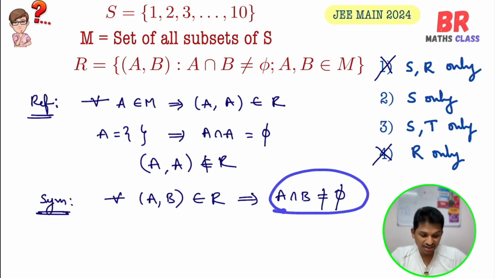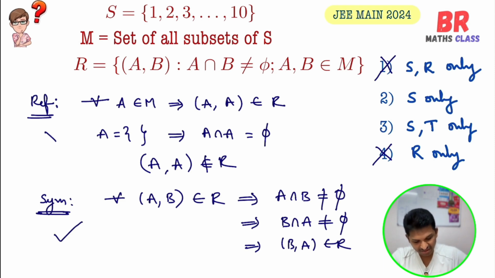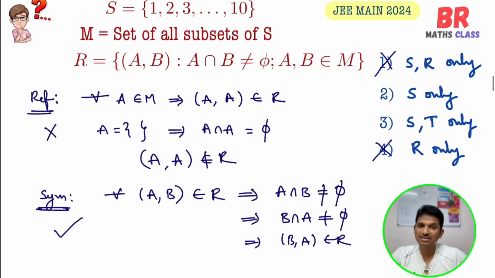If A intersection B is not a null set, 100% B intersection A is also not a null set. This is very clear. Then what can I say? I can say that the ordered pair (B, A) belongs to R, right? So is this relation symmetric or not? Yes, this relation is symmetric. Reflexive: it is not reflexive. Symmetric: yes, it is symmetric.